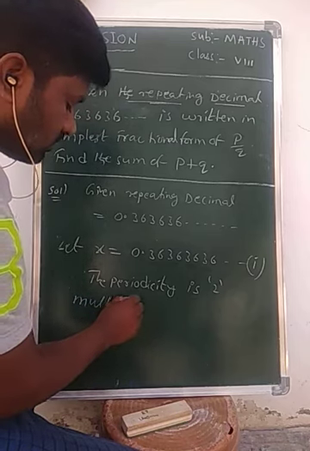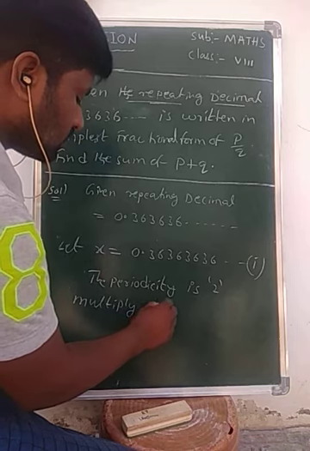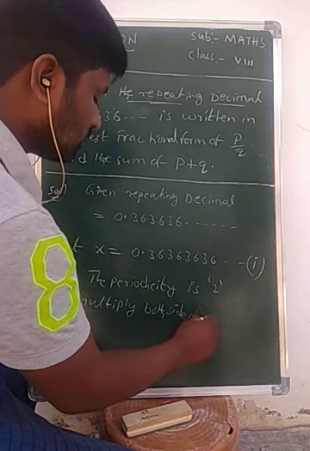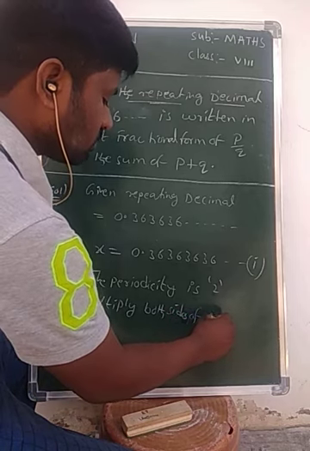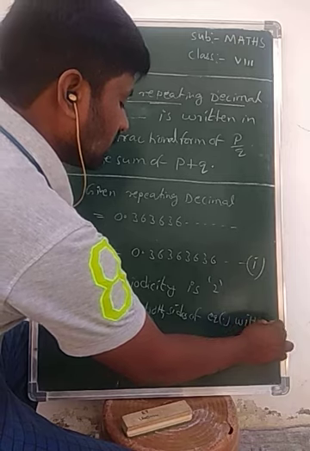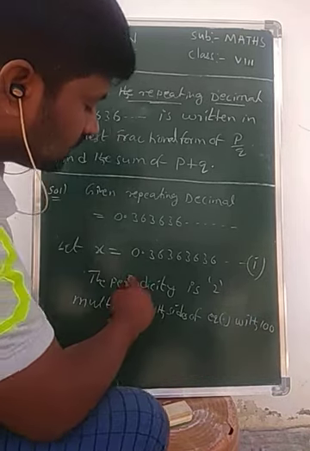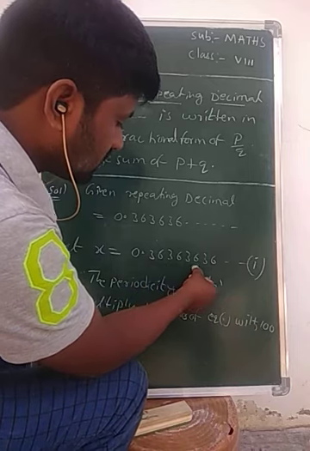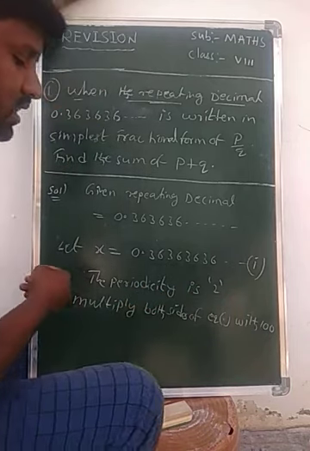Multiply both sides of equation 1 with 100, because the periodicity is 2 and the digits 36 36 36 are repeated. Yes.